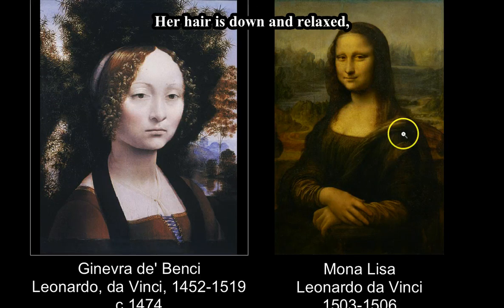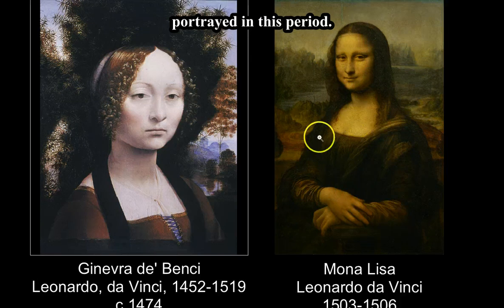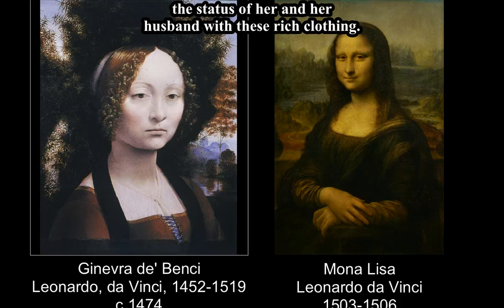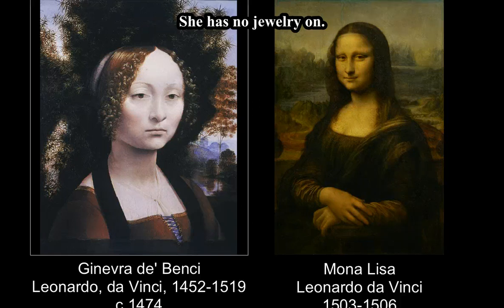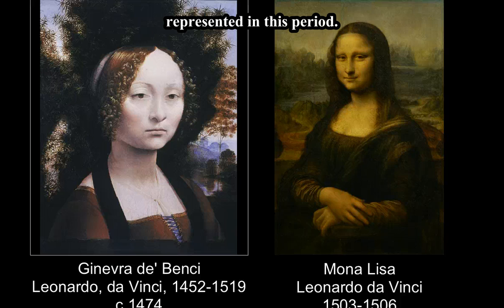Her hair is down and relaxed, not at all the way we are accustomed to seeing women portrayed in this period. She has on really simple clothes and they're very dark colored, so it's obviously not about showing the status of her and her husband with rich clothing. She has no jewelry on. It's just really different from the way we see women represented in this period.